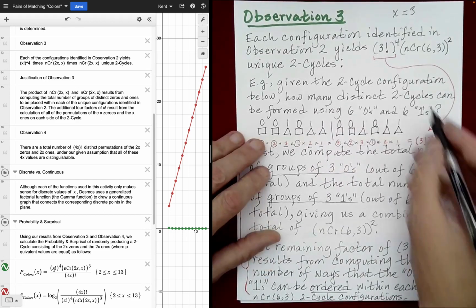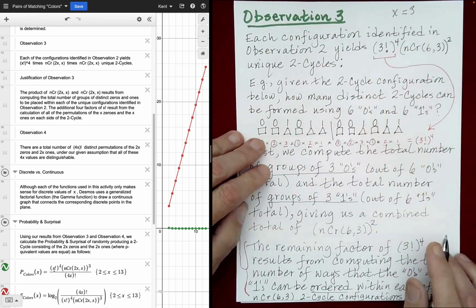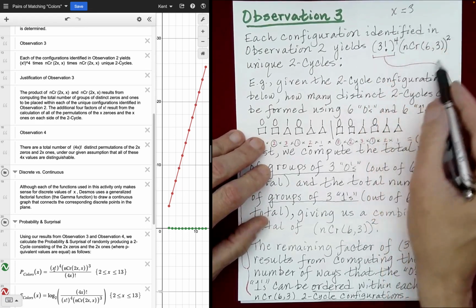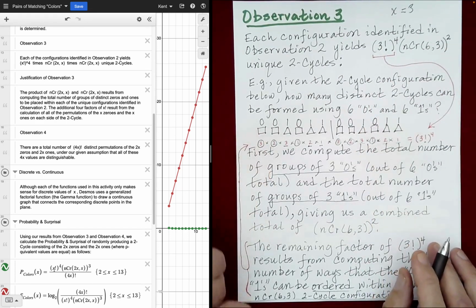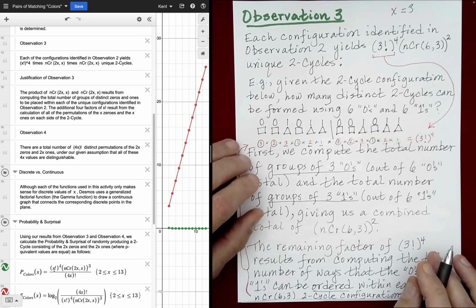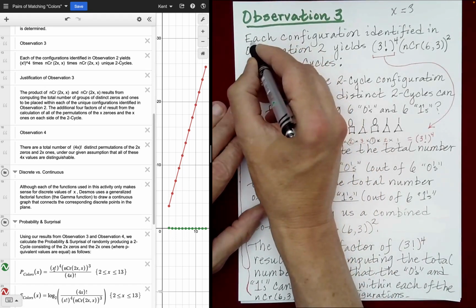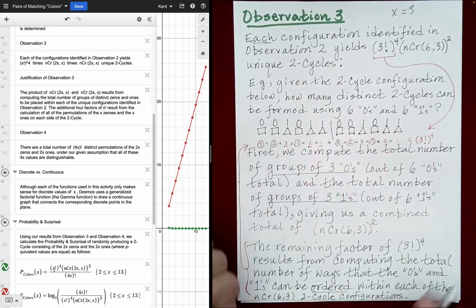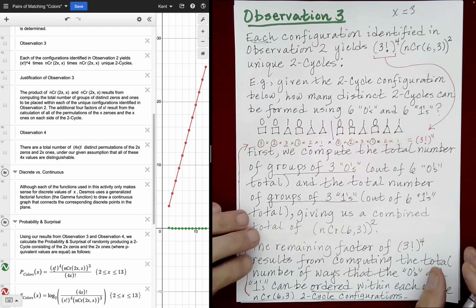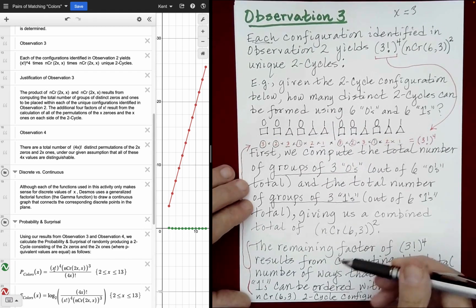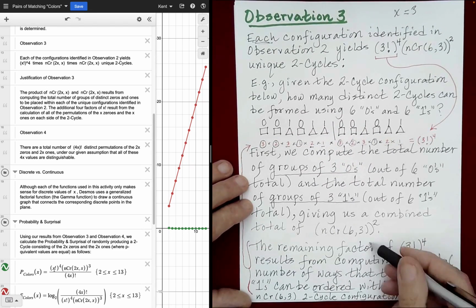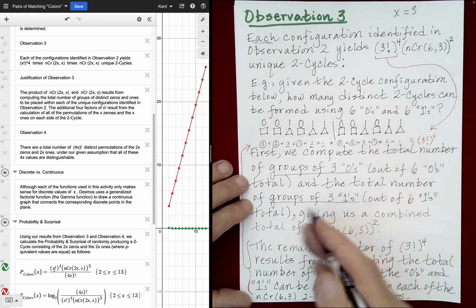So we've kind of explained this part here. Now, where did this come from? Why do we have that for helping us count the total number of 2 cycles that can be formed having a specific, and that's key, a specific configuration? I apologize, it looks like the second computation I wrote up, we've done first in the video just now.